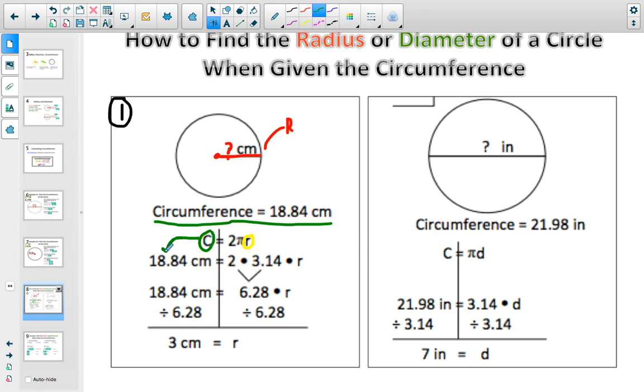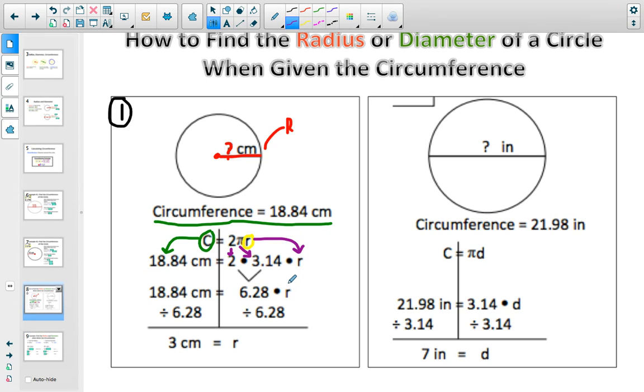I'm going to plug that in right there. 2 is part of the formula, so we don't have to change that, times pi. I put 3.14 because that's the number we use to represent pi. And then radius, that's what we're trying to solve for. We don't know that, so I'm going to keep that letter r there.